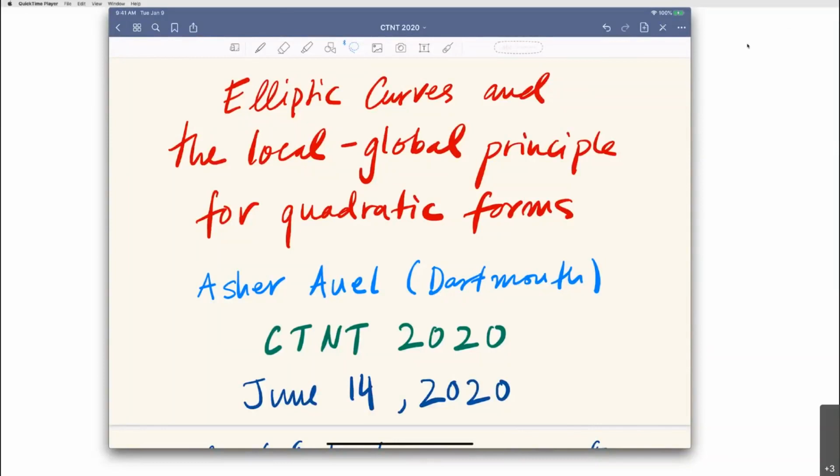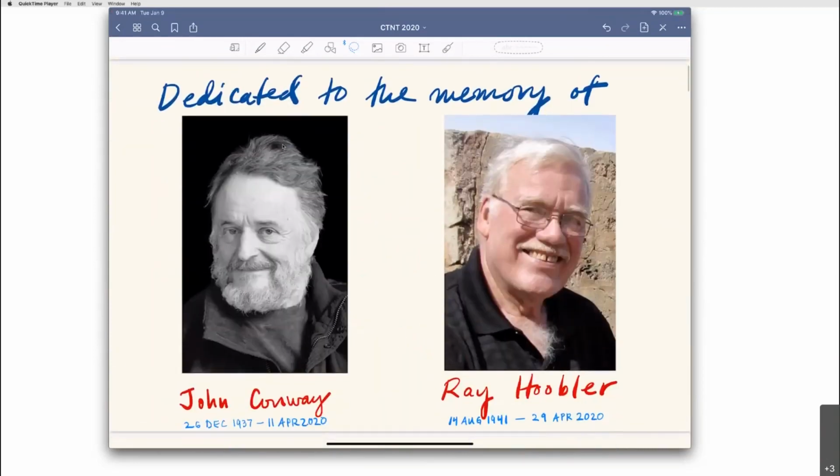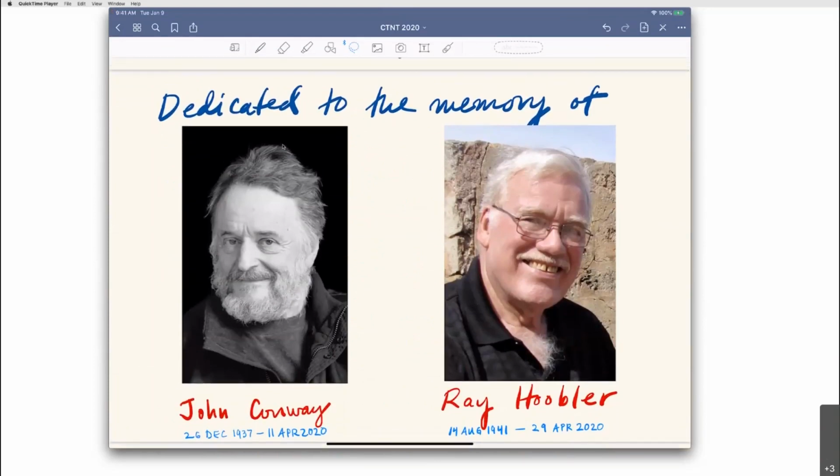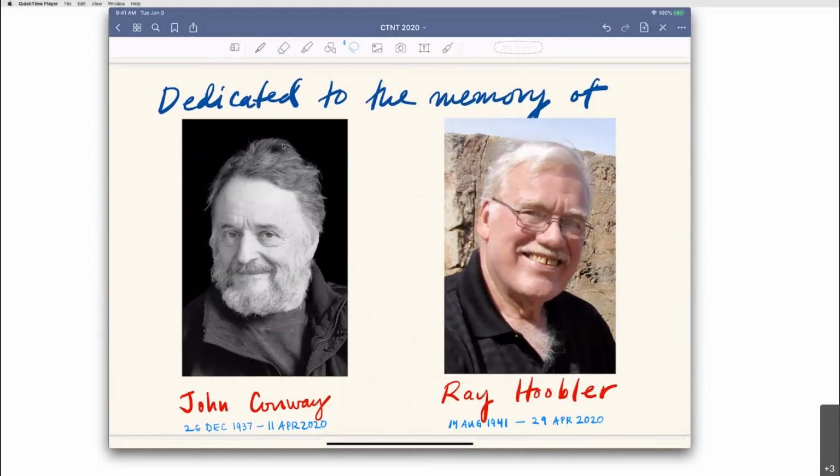Before I start my talk, I wanted to dedicate it to the memory of two great mathematicians who died due to COVID-19. One is very well known, John Conway, and the other is Ray Hoobler, a mathematician at the CUNY Graduate Center, a major figure in the field of Brauer groups.